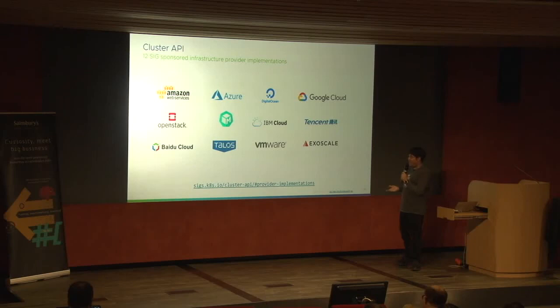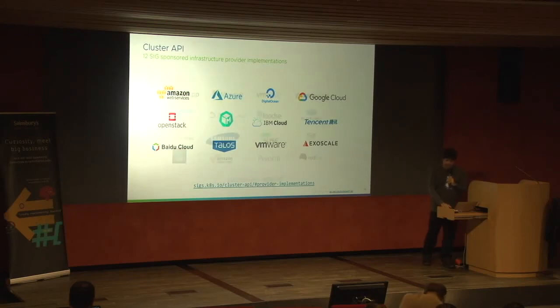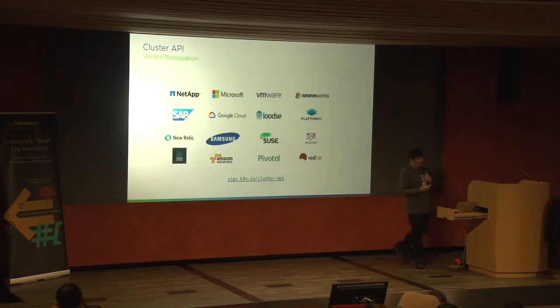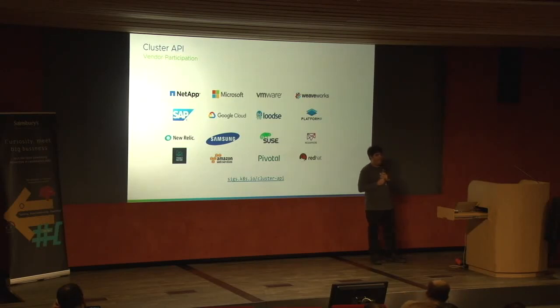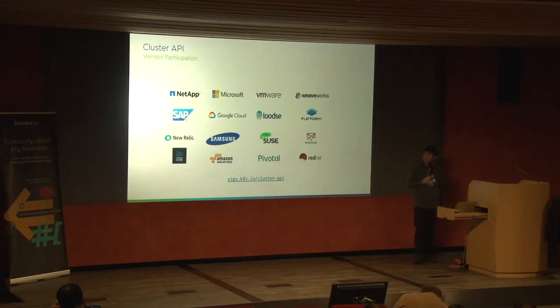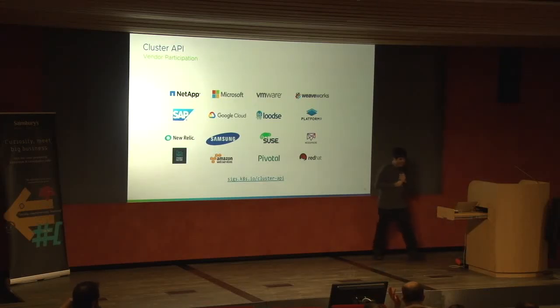We have 12 today who are working on Cluster API, and then we have a number of vendors working on using Cluster API for their own products, including VMware, Red Hat, and Microsoft, which has made a huge investment recently. We're also talking to cloud providers who are building their managed Kubernetes services on top of Cluster API. So people are beginning to see that this is probably the way we should do things today.